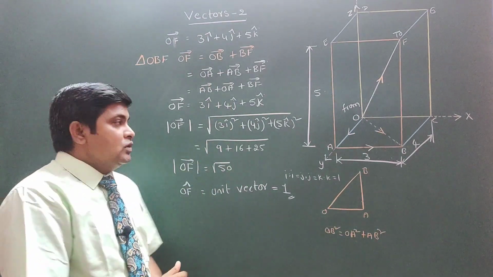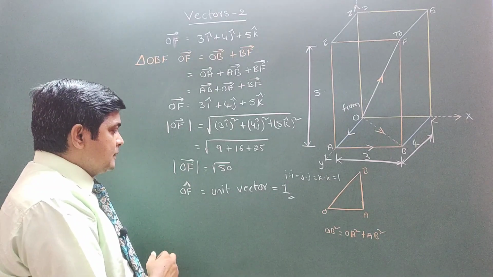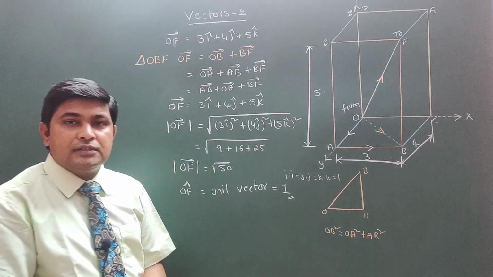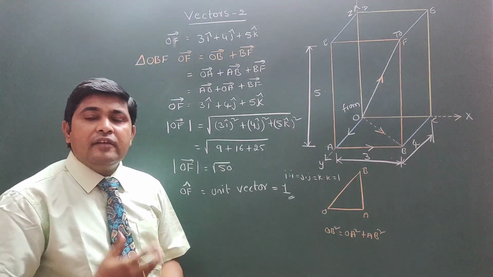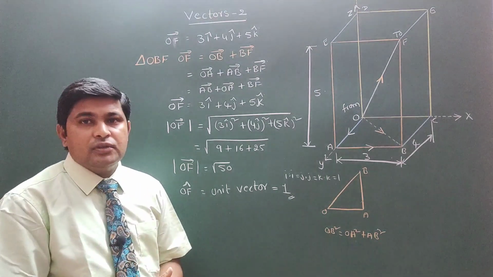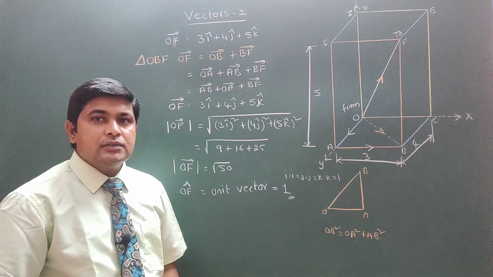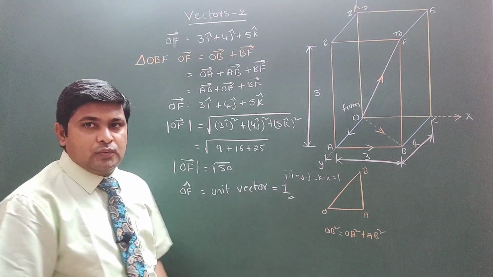First of all I want to discuss the types of vectors, and only after that the unit vector, because you also need to understand why we need to discuss the types of vectors. Okay, so let us go to the next one.